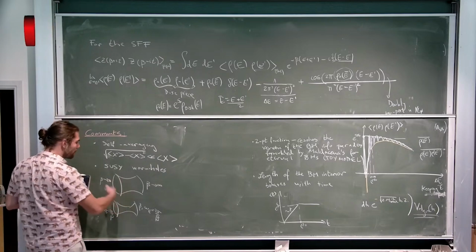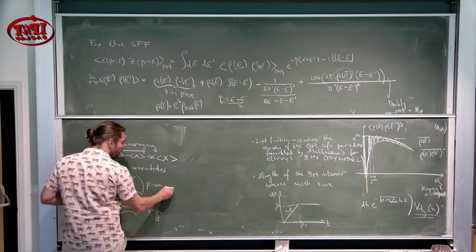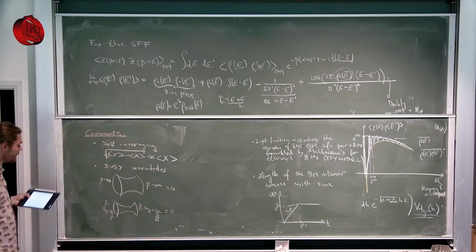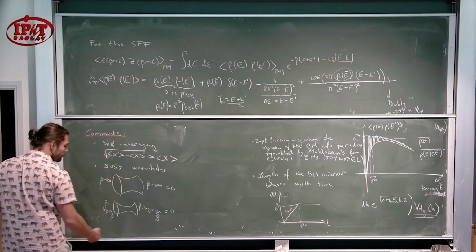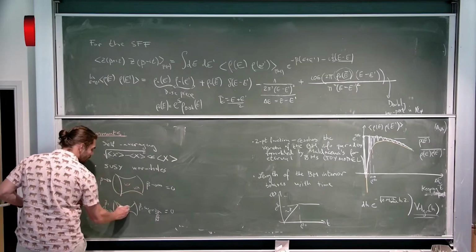So they would capture the variance of these quantities between different members of the ensemble. Both quantities, the path integrals, end up giving 0, not only for these wormhole geometries, but also for wormhole geometries that have arbitrary genus.